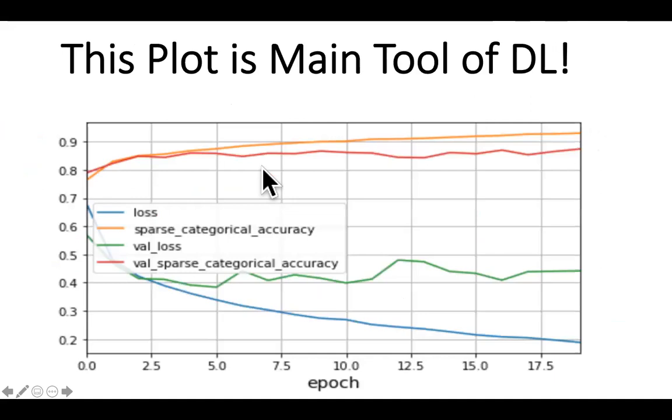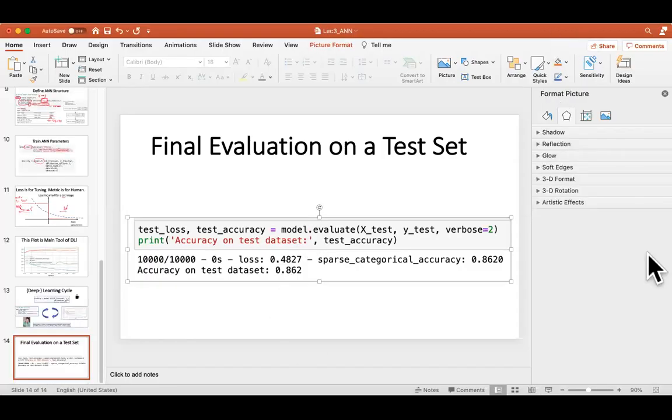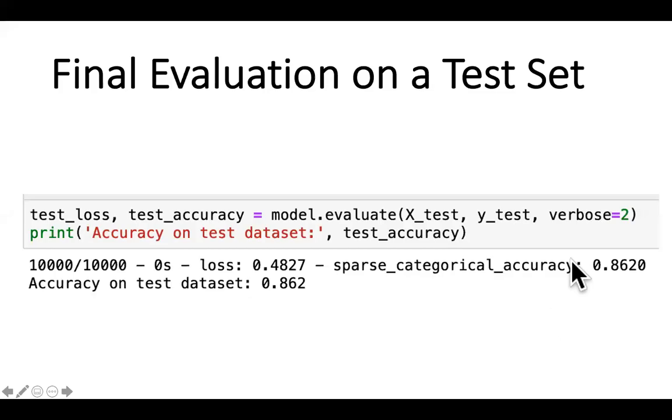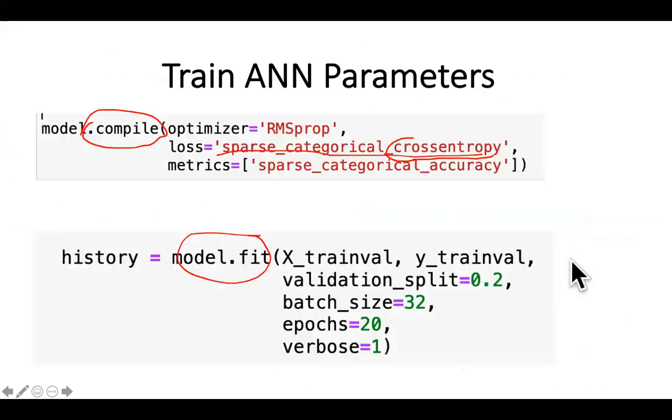In particular, why do we use this cross entropy loss? Why do we have in this compile step also the cross entropy loss, and not only the accuracy?